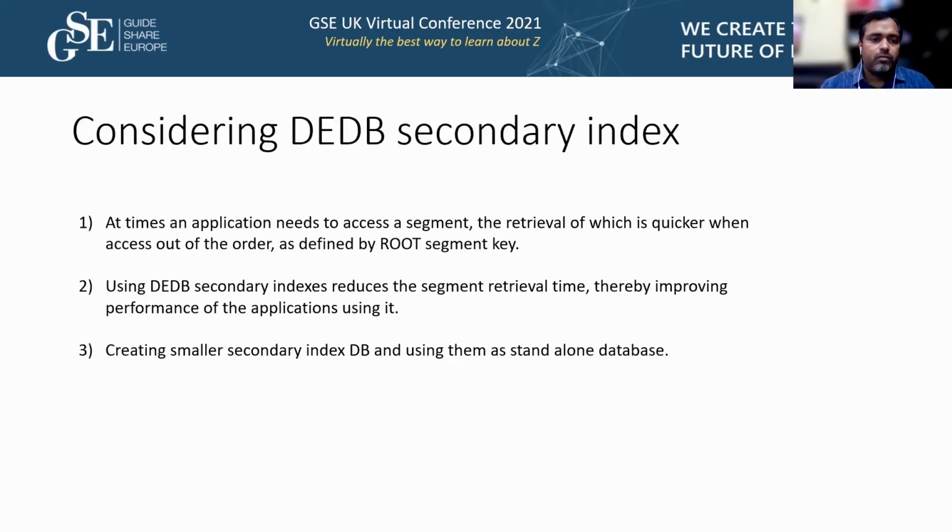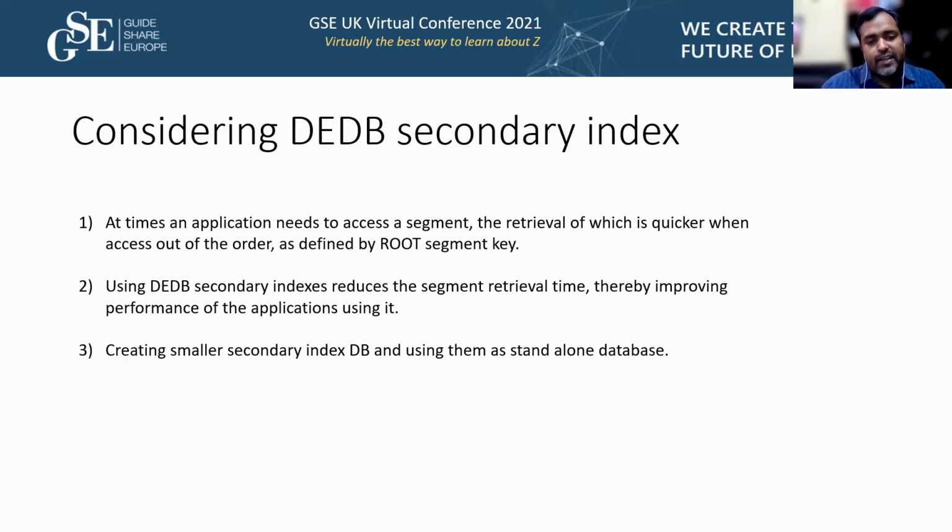Next slide, Anshul. Okay, the last thing is that we should also consider using a secondary index in our DEDB. At times, accessing a particular segment other than by the order of the root segment key is faster. It can reduce some IO. Using a secondary index definitely reduces the segment retrieval time, depending upon your application.